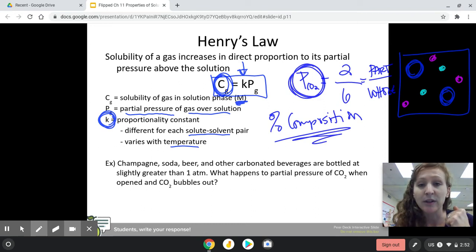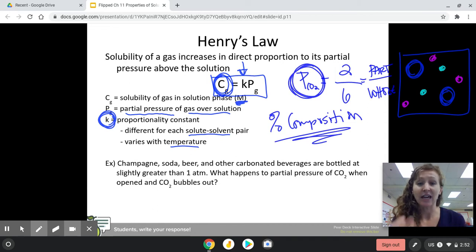It's going to go up, right? If partial pressure goes down, what's going to happen to solubility? It goes down, right?